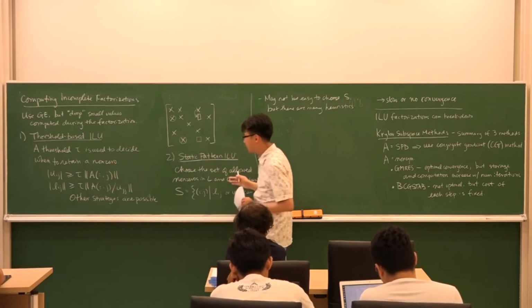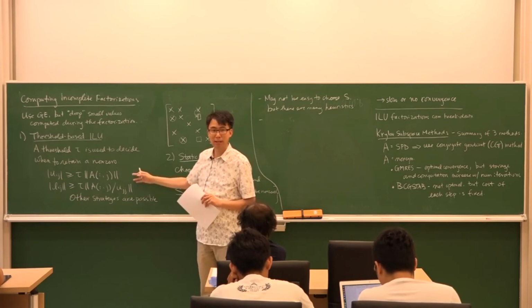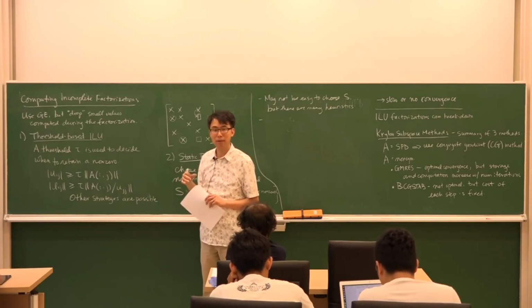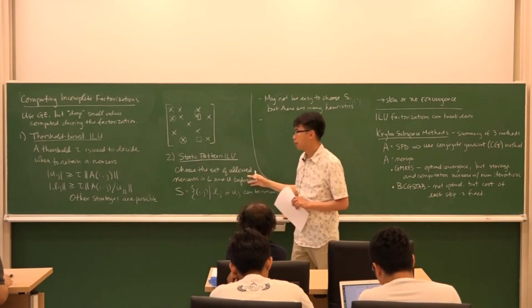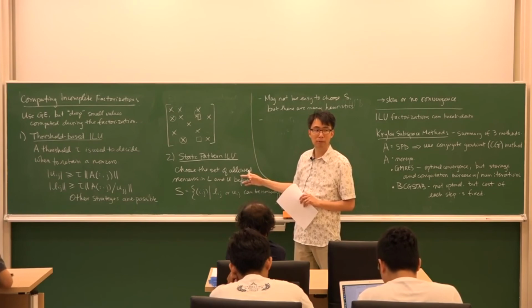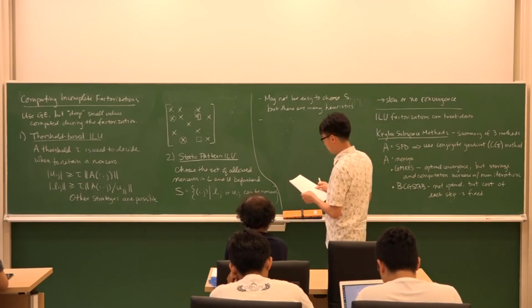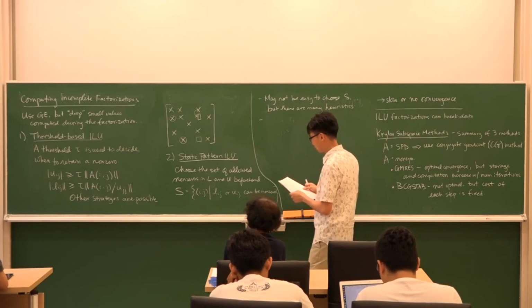And also they're a lot easier to parallelize. Threshold ILU is very difficult to parallelize because you don't know what the pattern is going to be. Here you can parallelize by somehow partitioning the problem because you know what the structure of the problem will be beforehand. Okay, so let's write that down a little bit.